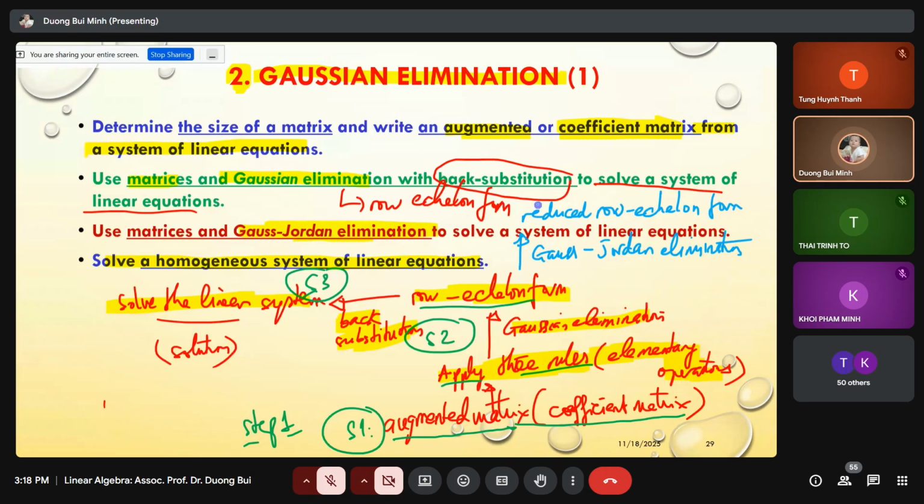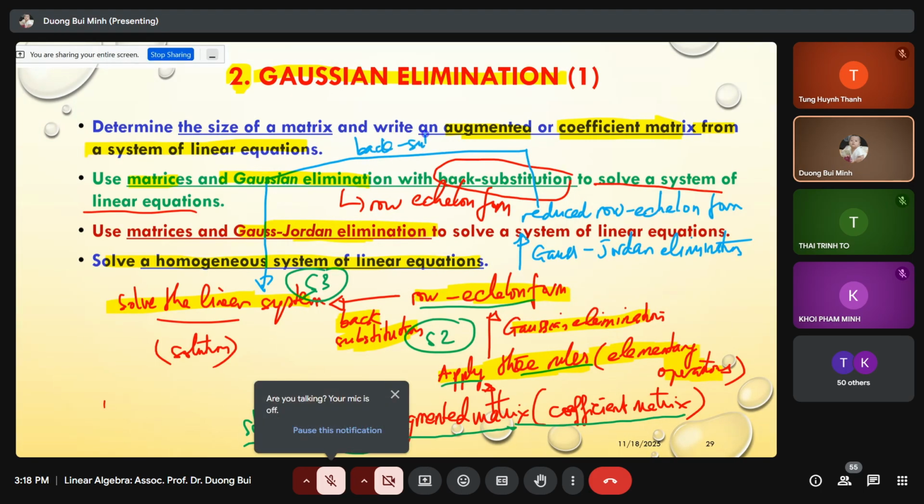Okay, and then we also apply back substitution to get the solution of the linear system.